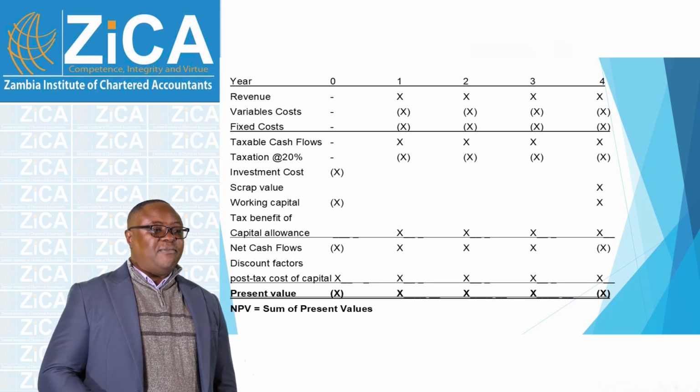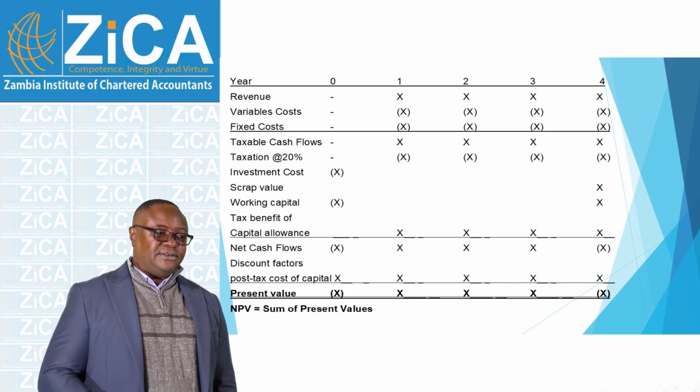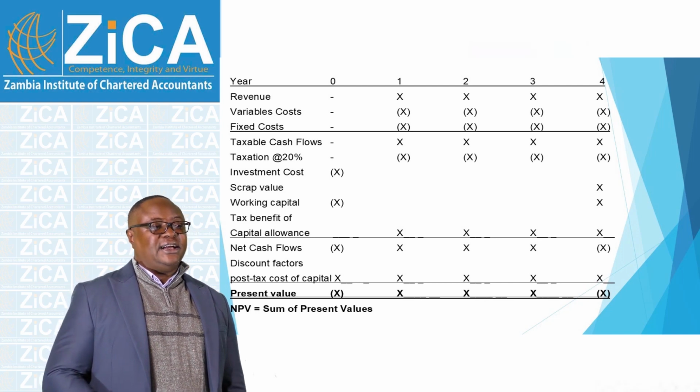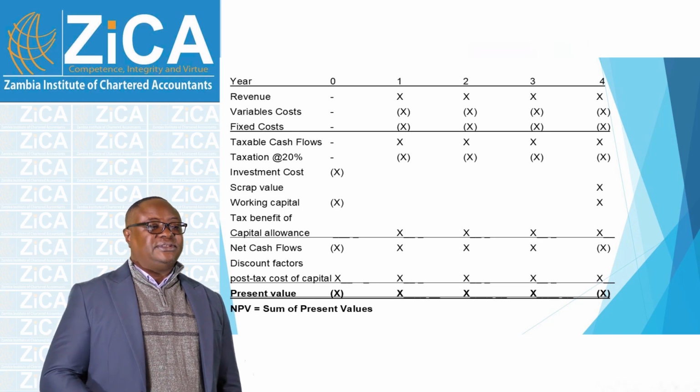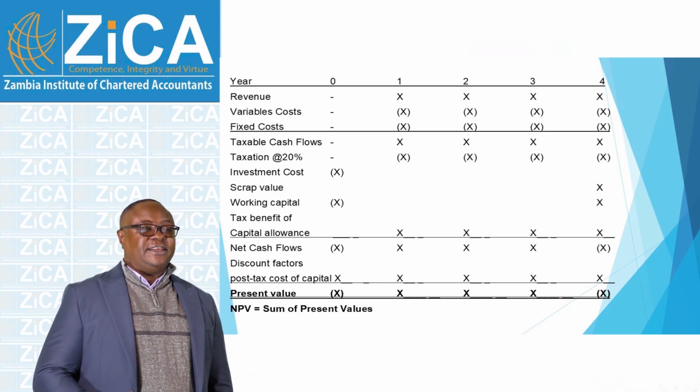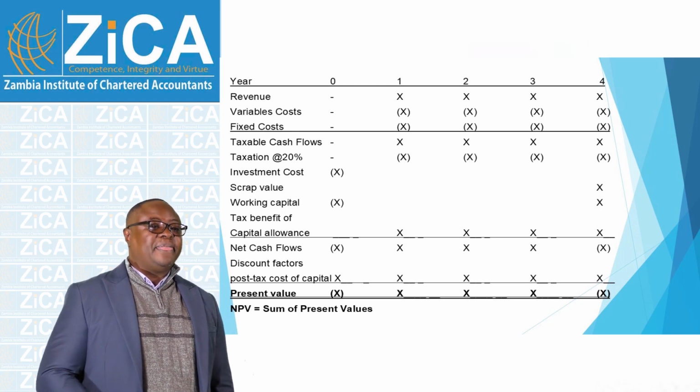The other is scrap value or residue value. If there are any assets that you are going to sell at the end of the project, that becomes a relevant cash flow as well.